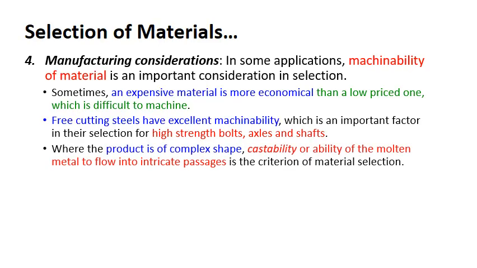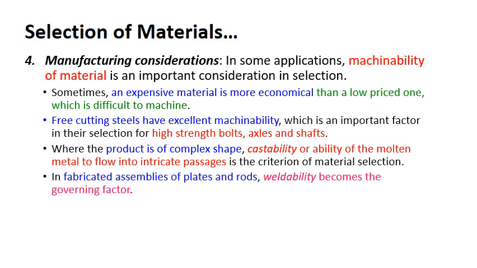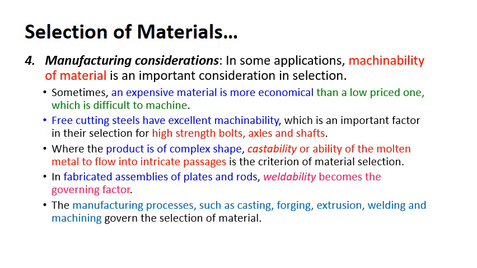And wherever you want to have a complex shape, you have to look at the castability, where the molten metal can flow into the intricate passages of the mold, right? And when you have fabricated assemblies, obviously the weldability becomes an important factor.